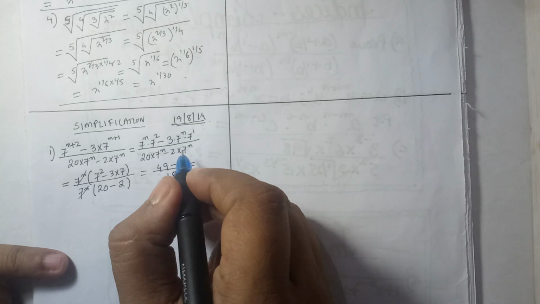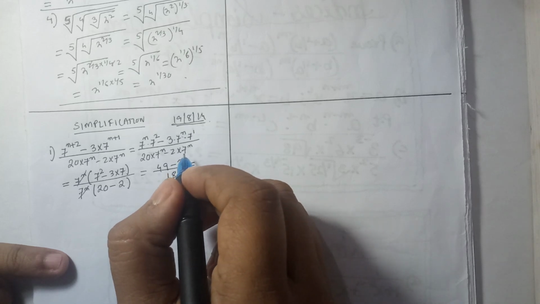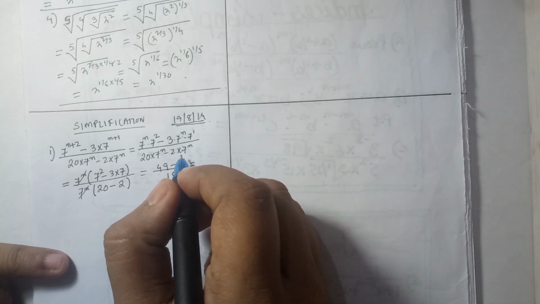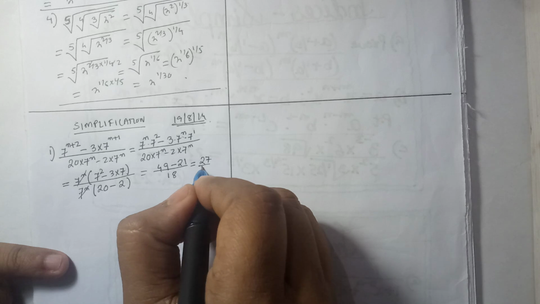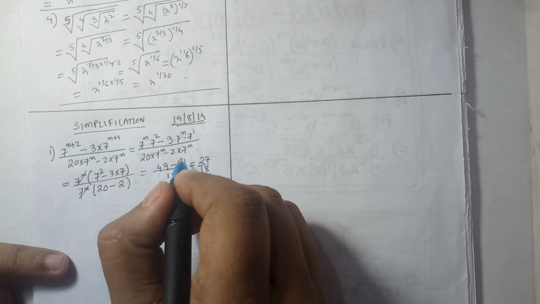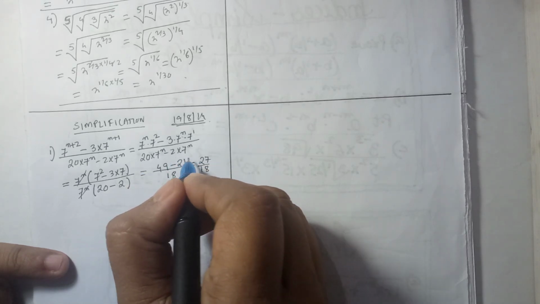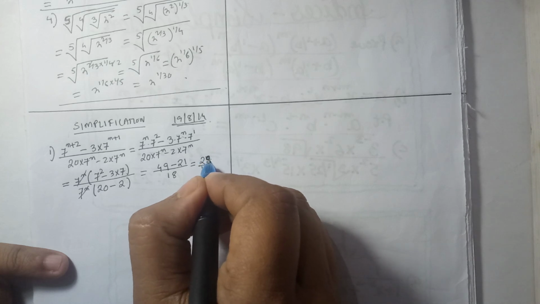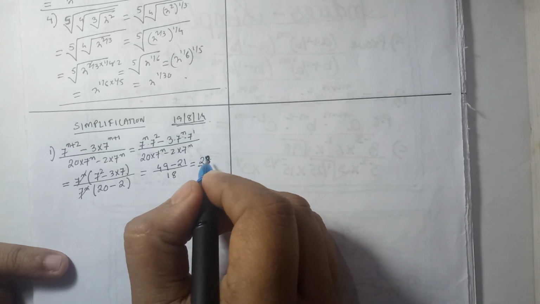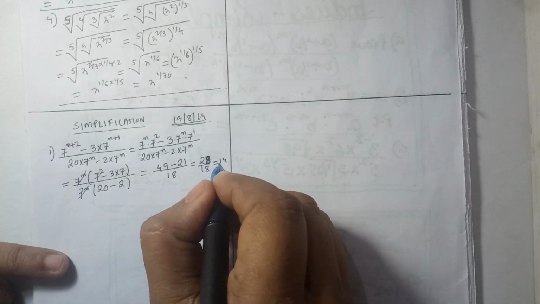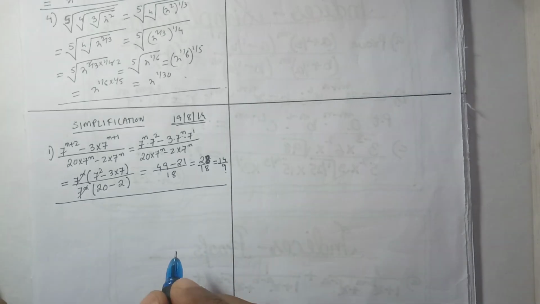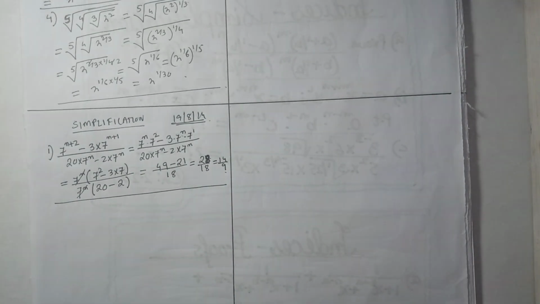This is 20, 27 by 18. 20 not 7, it is 28 by 18. 28 by 18. For 2 14s are, 2 9s are 14 by 9. Okay, yeah.